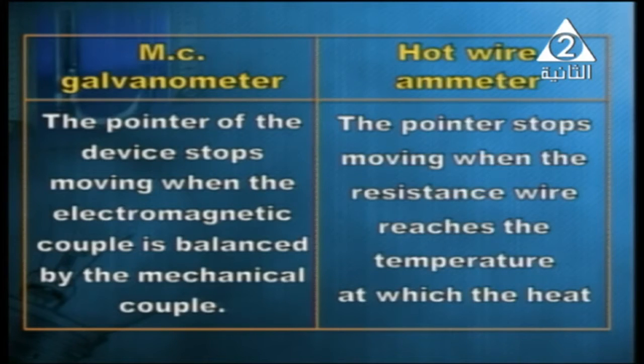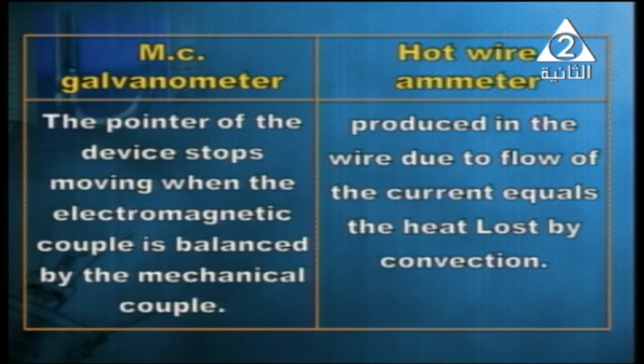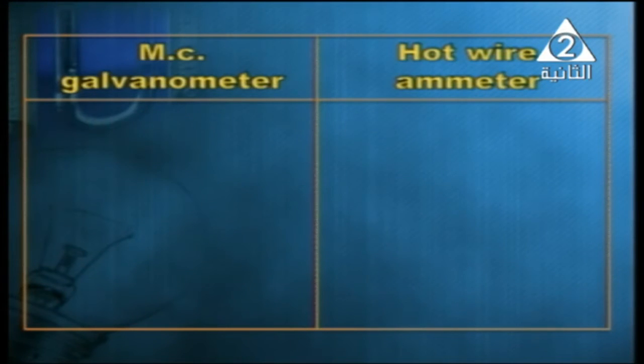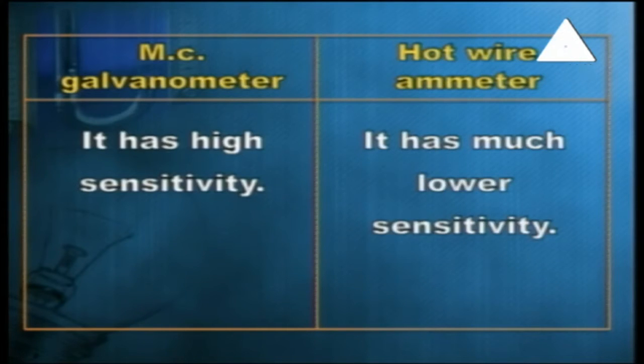And the pointer of the hot wire emitter stops when the resistance wire reaches a temperature at which the heat produced in the wire due to the flow of the current equals the heat lost by convection. Moving coil galvanometer has high sensitivity, but hot wire emitter has much lower sensitivity.